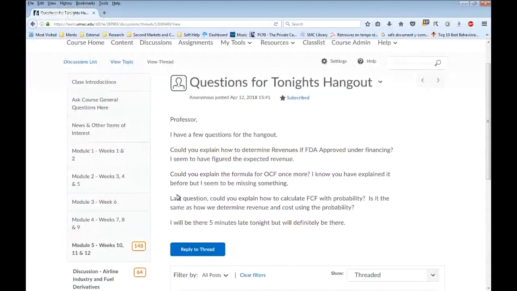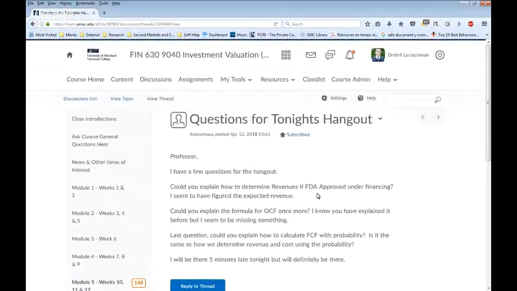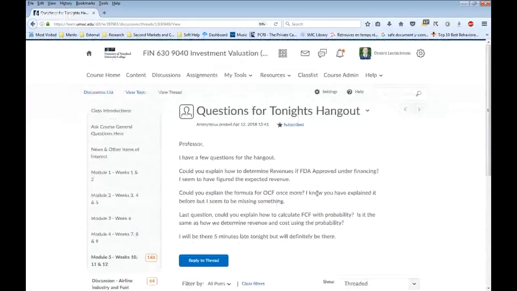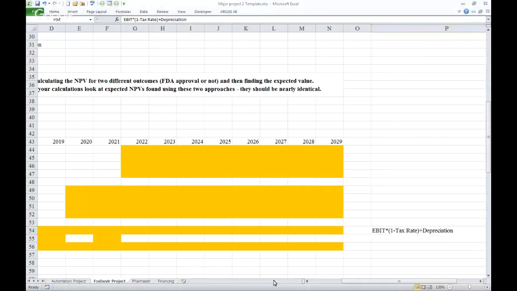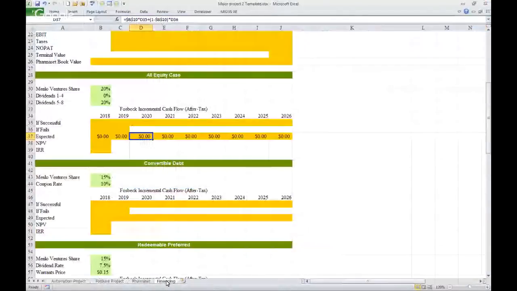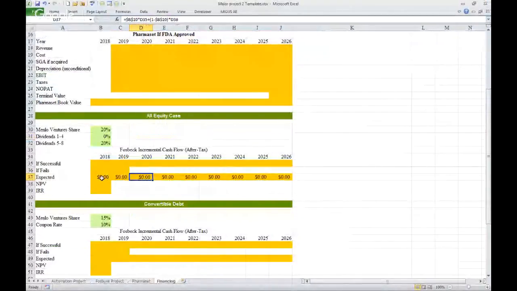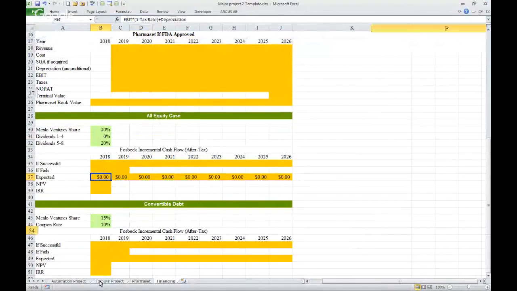And the last question from these questions that were asked in advance, could you explain how to calculate free cash flow with probability? Is it the same as how we determine revenue and cost using probability? I guess the question was about financing part. And in financing part, this is exactly how I just described it. You multiply by different probabilities.